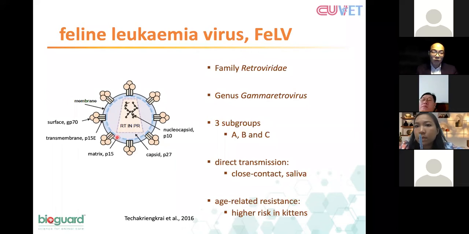Underneath the envelope of the virus is lined by matrix P15 protein. And inside, in the center of the virion, is a virus core, composed mainly of the capsid P27. And inside the capsid core is the pseudo-diploid single-stranded RNA of the virus together with the enzymes that the virus will use when it wants to undergo replication.